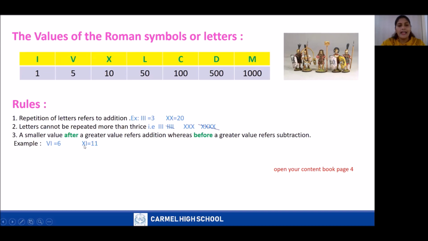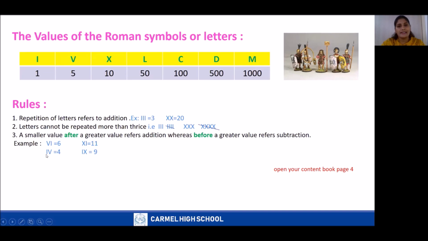And here X plus I. When it is written after a greater value, then we need to add. X plus I is equal to 10 plus 1, which is equal to 11. Right? What happens when it is written before a greater value? Yes, when I is written before V, then it is 5 minus 1.